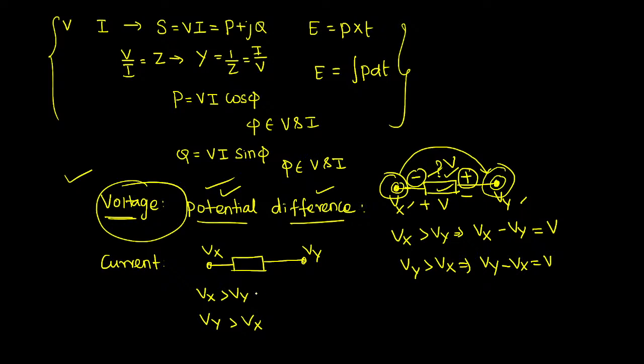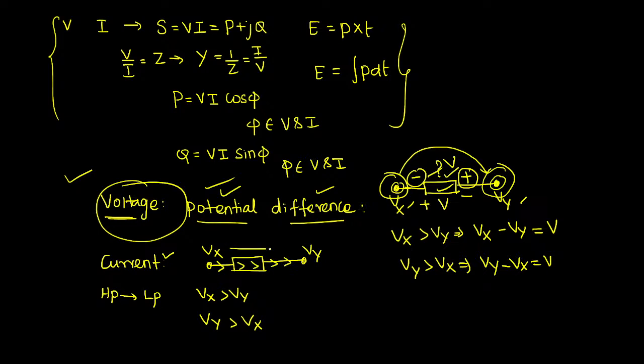After identifying this, suppose Vx is greater than Vy, then current will always flow from the higher potential point to the lower potential point. That is, current will flow from the point with higher voltage to the point with lower voltage. So you have to start from here. Vx is greater than Vy, so this is the direction of current.